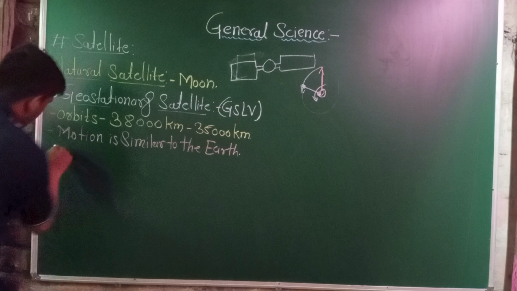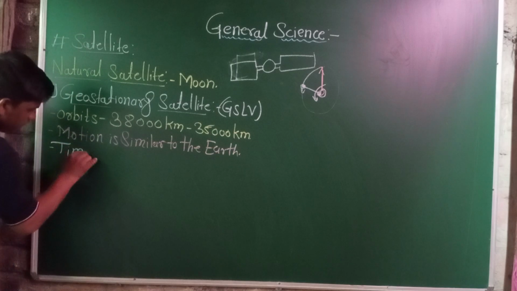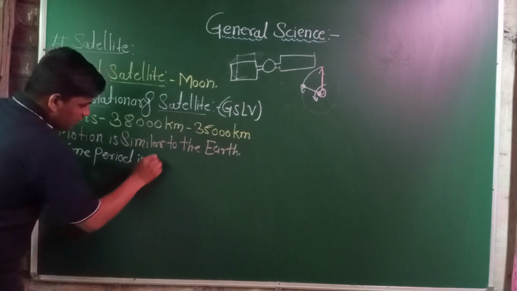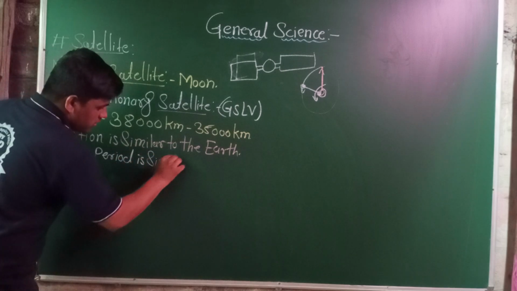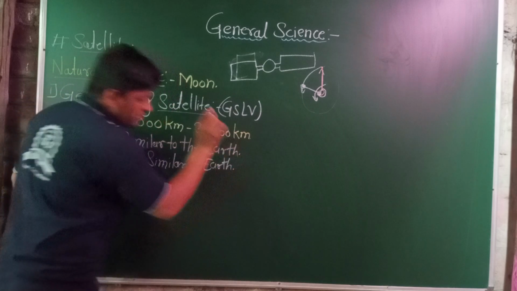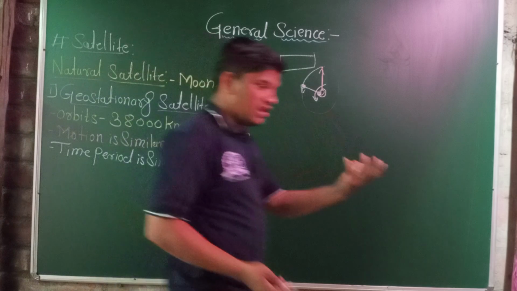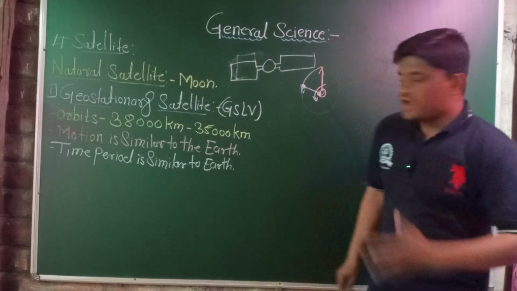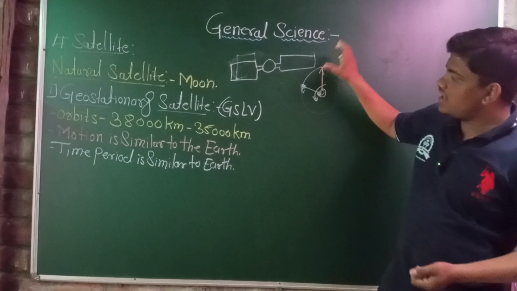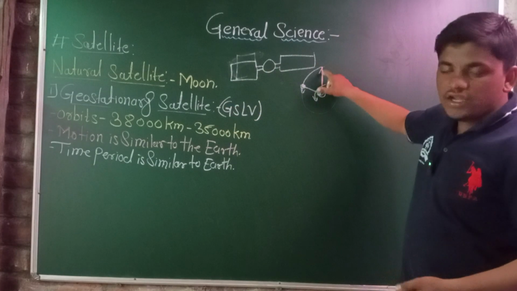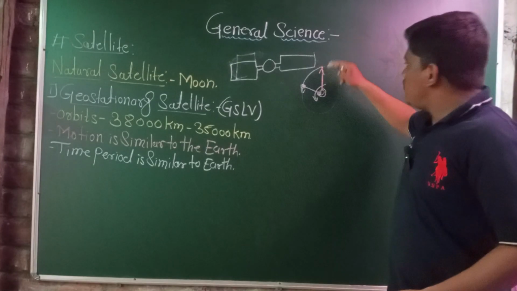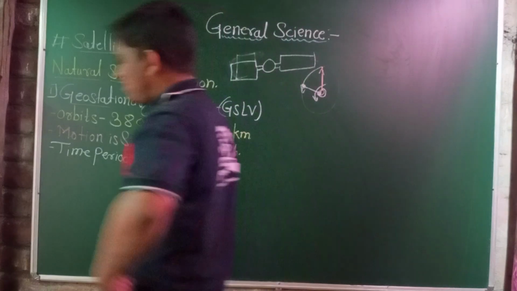The Earth takes 24 hours to complete one rotation. The geostationary satellite also takes 24 hours to complete one rotation. The motion is similar to the Earth.